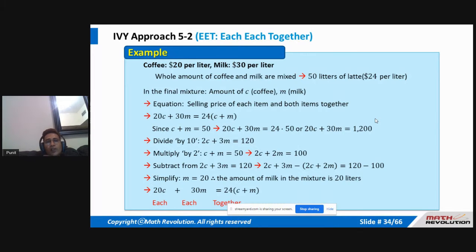The major part was 20C plus 30M equals 24 times (C plus M). And C plus M is already 50 liters. So definitely we can solve this question for M. That will not be a big deal.